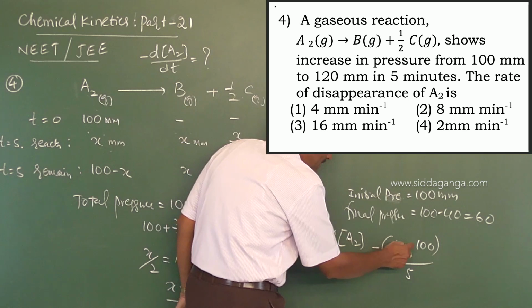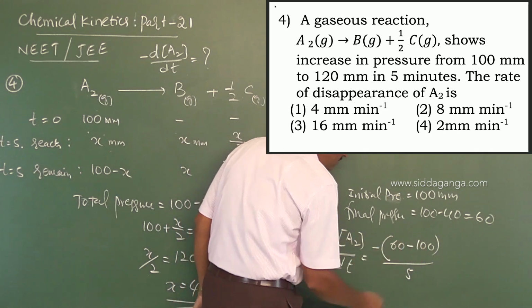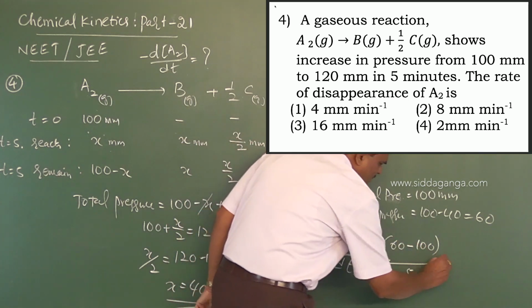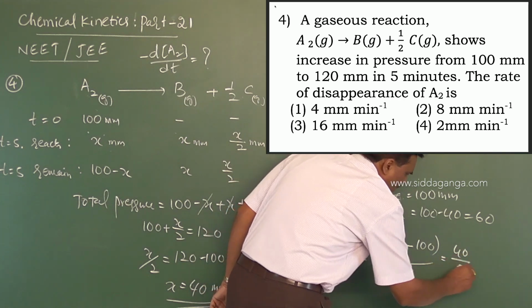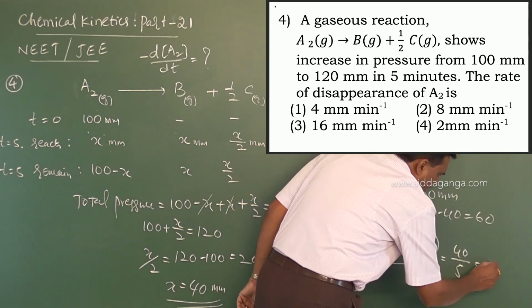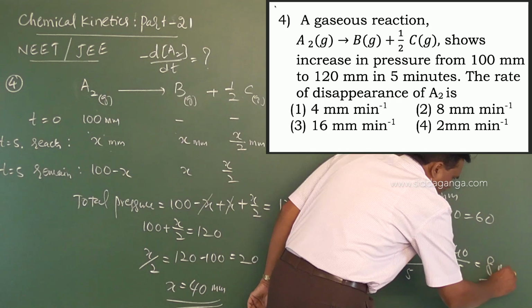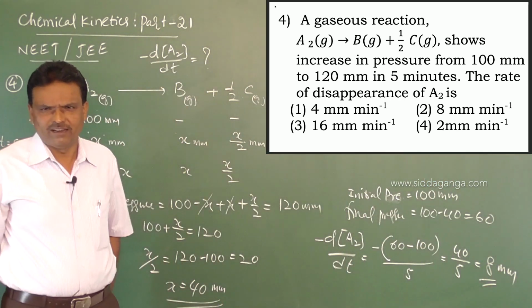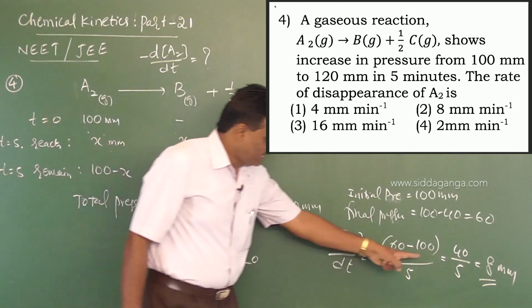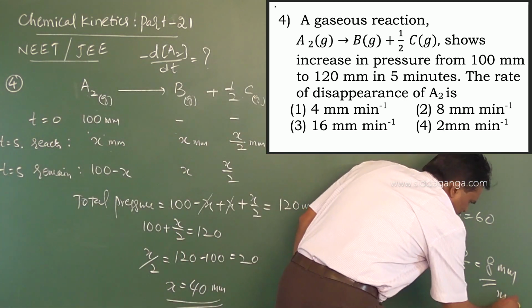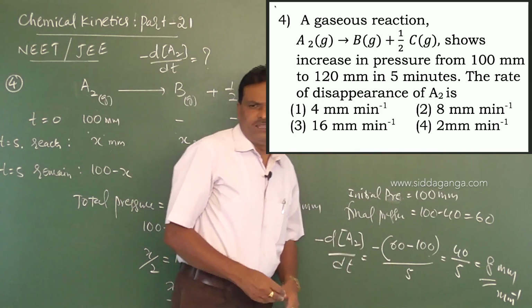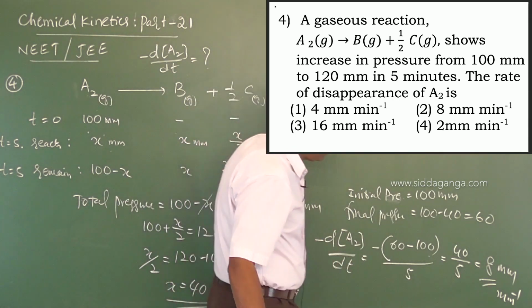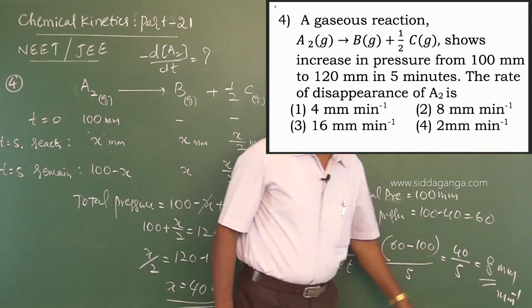So minus into minus is plus, 100 minus 60 means 40. 40 by 5 is equal to 8. So this is 8 millimeter per minute. This is the answer.